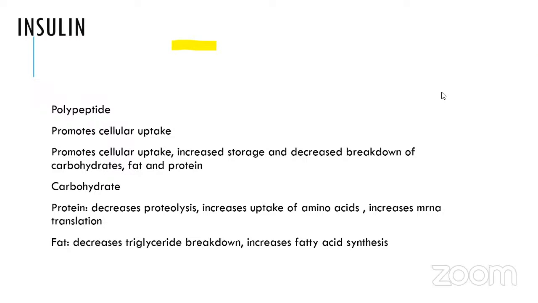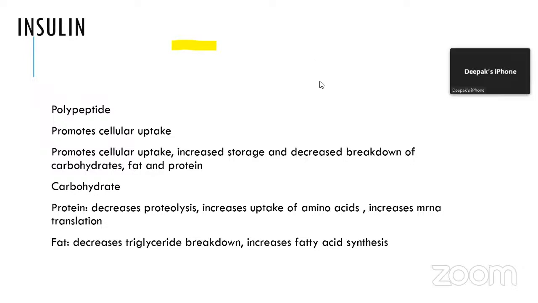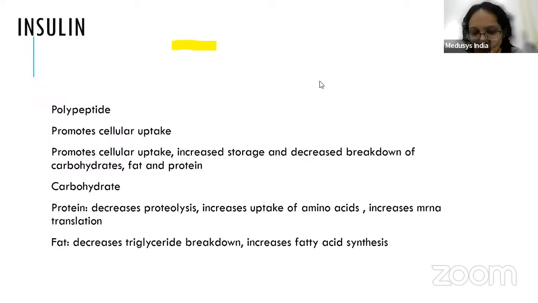Insulin is basically an anabolic hormone. It stimulates the utilization of glucose. It promotes glucose entry into the skeletal muscle and liver through GLUT4 channels, and it stimulates the utilization of glucose through glycolysis.